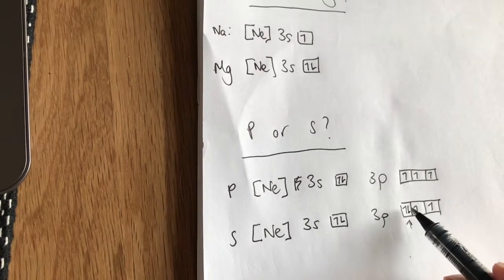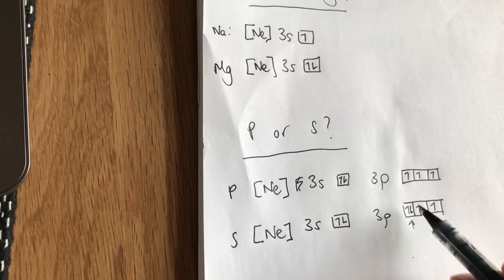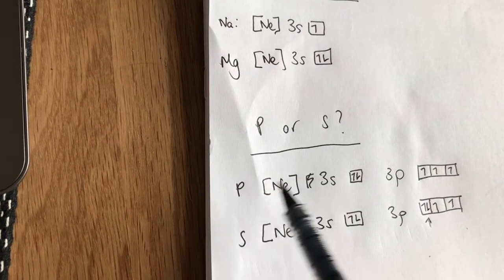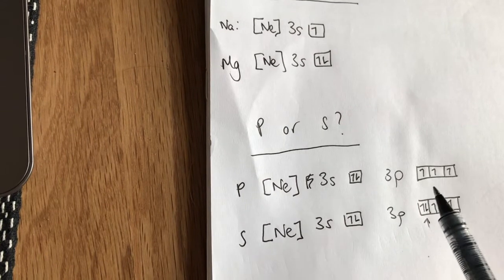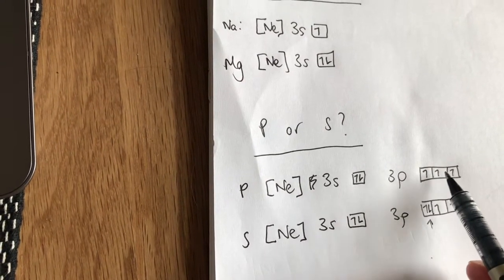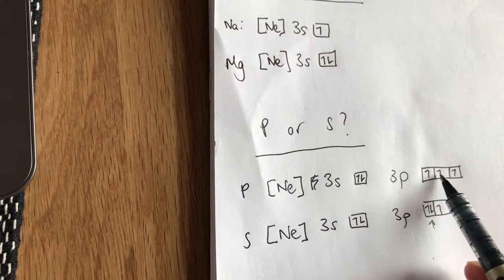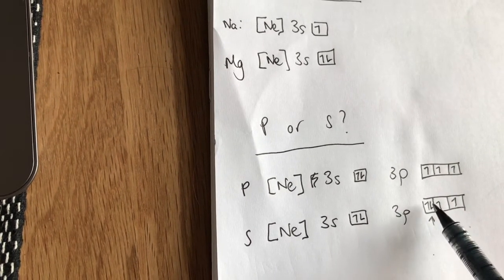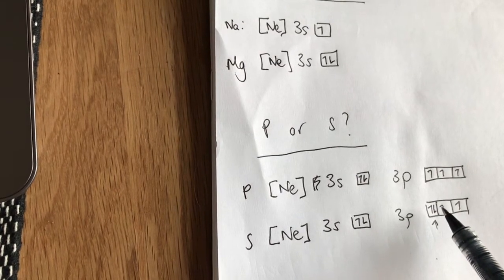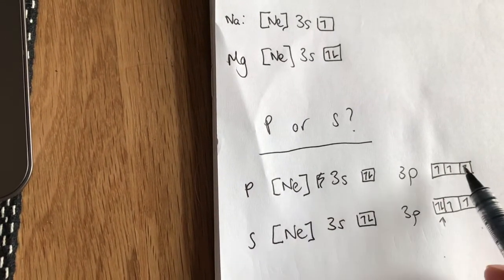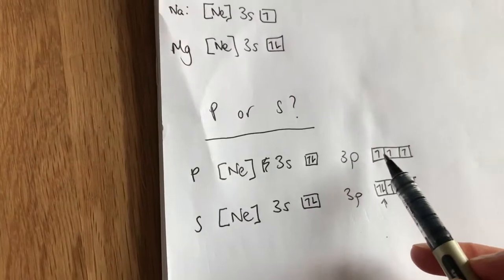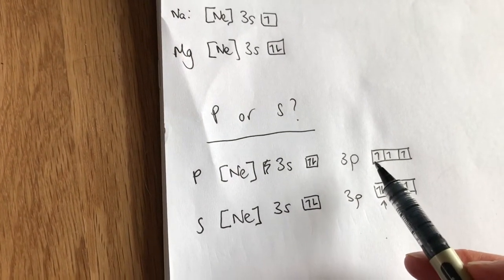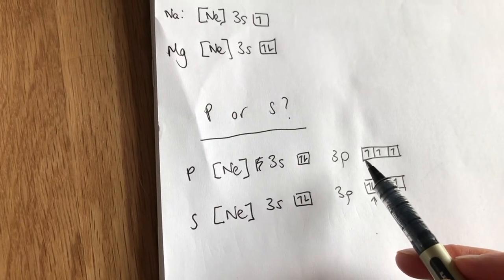Because of the repulsion here, it's actually easier to lose an electron from sulfur than it is from phosphorus, because phosphorus has its electrons in the p orbital quite stably, singly filled like that, so there's less repulsion than with sulfur. Because of that, it's harder to remove an electron from phosphorus than from sulfur, and so phosphorus has a higher first ionisation energy than sulfur.